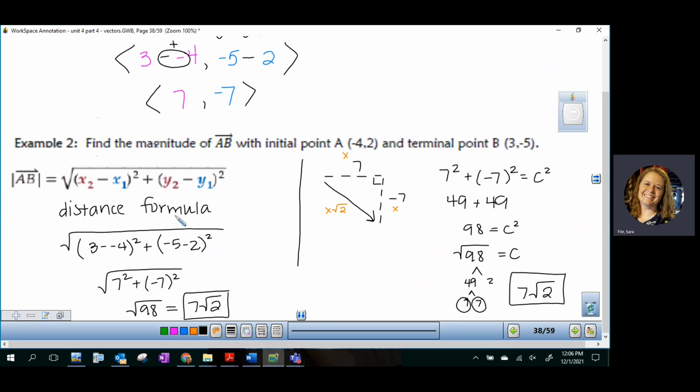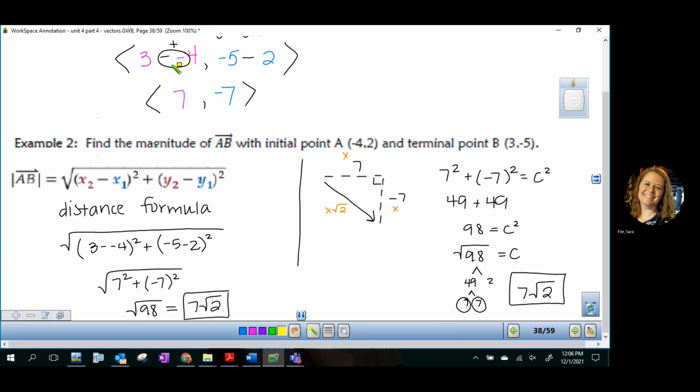So you get the same answer using distance formula versus Pythagorean theorem, or if it's a special right triangle, you could have used that as a shortcut. So if you don't have it in component form, distance formula might be best. Or you can put it in component form and then do Pythagorean theorem. However you want to think of it. Or some of y'all are going to get to the point where you just know: I'm going to put it in component form, and then you're going to jump straight to this step here.